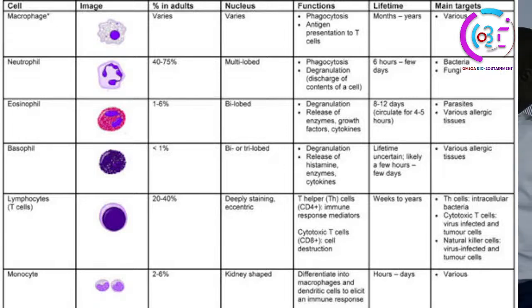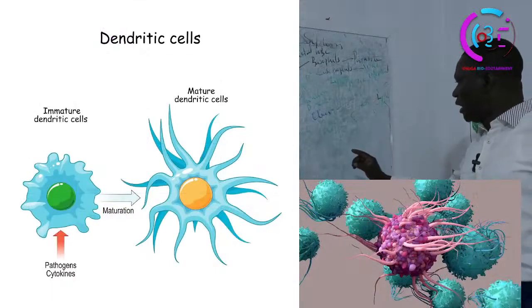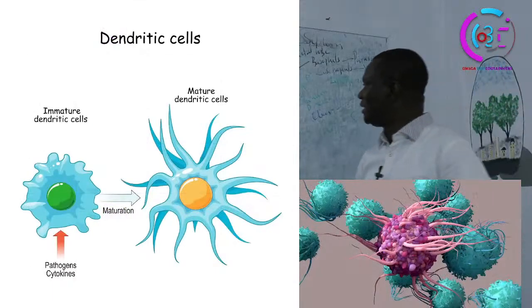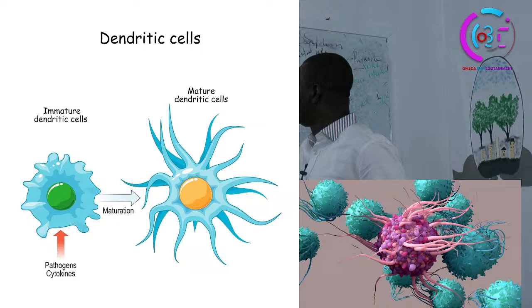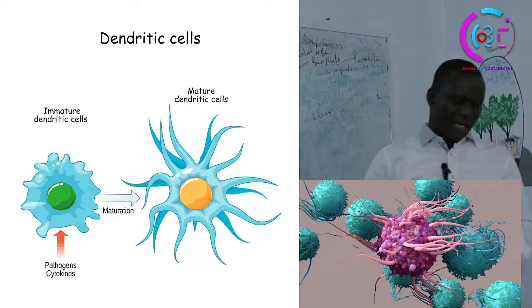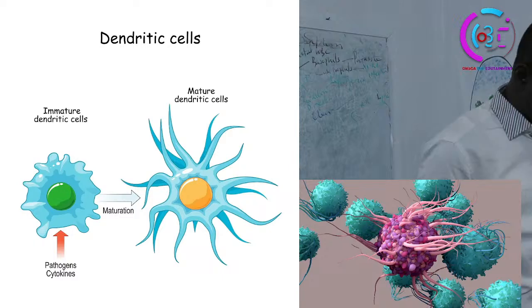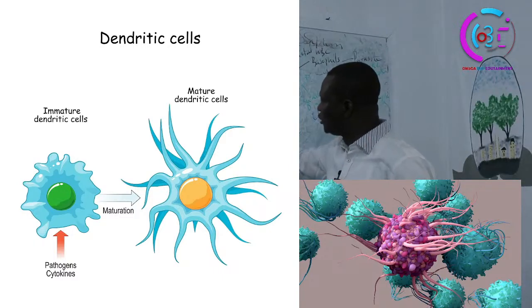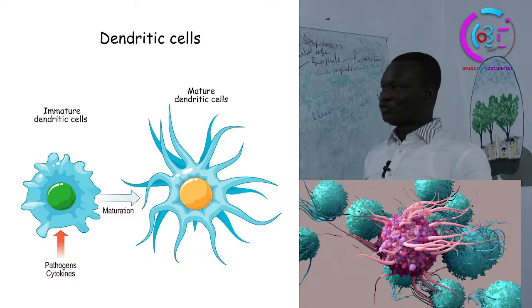Now, the function of the dendritic cell, they call them dendritic cell or DC. Anywhere you come across DC, they are referring to dendritic cells, and they perform two major functions.